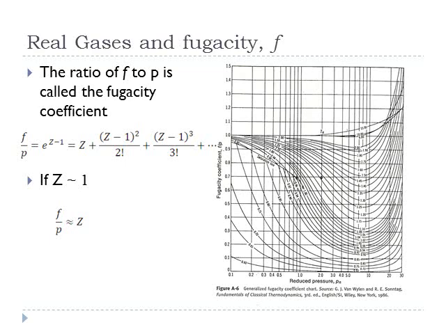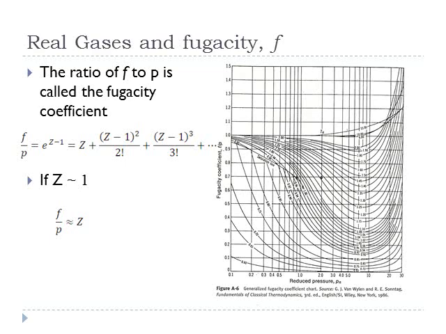We're now going to quickly go through and look at real gases and their fugacity as a function of what's called the reduced pressure and the reduced temperature. And there's a nice graph where if you know the reduced temperature and pressure of a fluid, you can then plot it on the graph to the right, and you can figure out what its fugacity coefficient is.